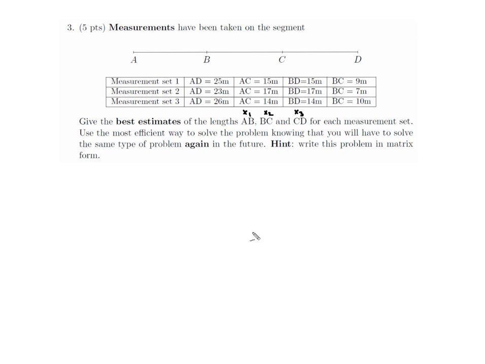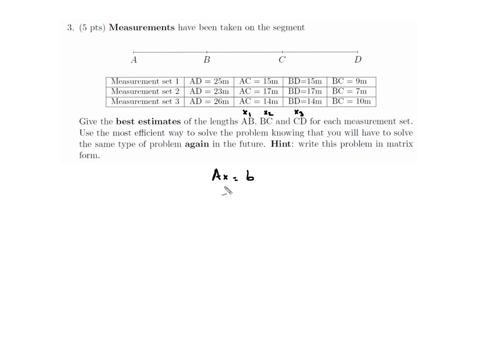And since you'll have to solve this type of problem many times, here already 3 times for different measurement sets, that suggests that you should use the QR decomposition somewhere, which is an efficient way to solve a least squares problem of the type Ax equals b, where A stays the same and b is changing.